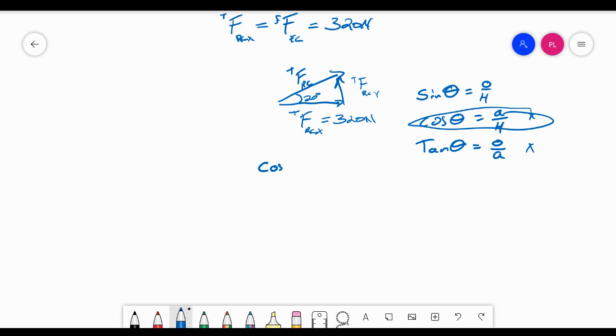And so I'm going to put this cosine equation into physics terms. Instead of saying A or adjacent, I can say the tension force rope on car x component over, and instead of hypotenuse, I can say the thing I'm actually looking for is this. Now I want to get this by itself, so I'm going to multiply both sides by that.